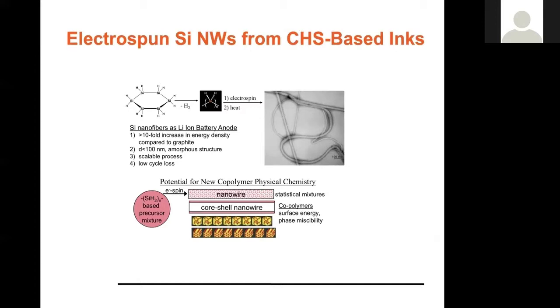But because CHS leads to materials that have well-defined size and morphology, we can avoid a lot of these issues by making these nanoscale materials.